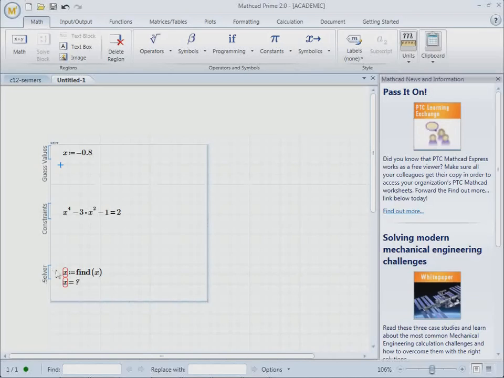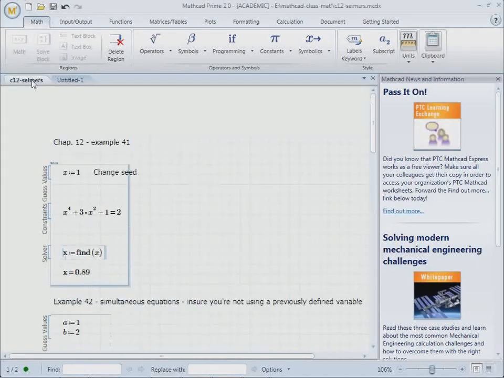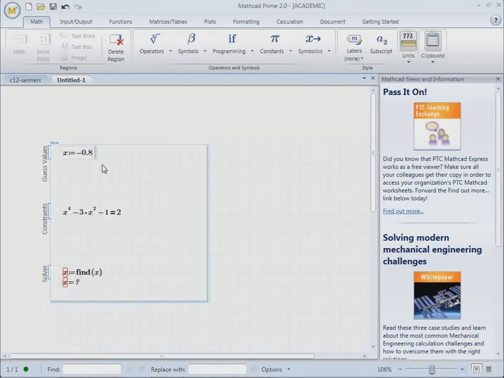Now, oh, it doesn't like it. And why doesn't it like it? No solution was found. Try changing the guess. Let's see. Negative 0.89 ought to work. Let's give that a try. Because this is x to the 4th minus x squared equals 2. Let's try that. There. It came, negative 1.947.